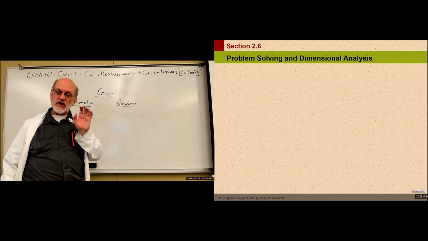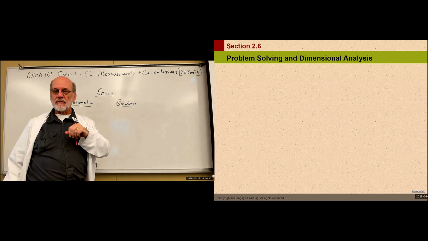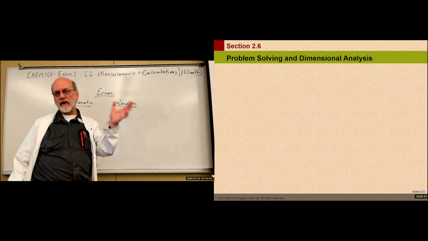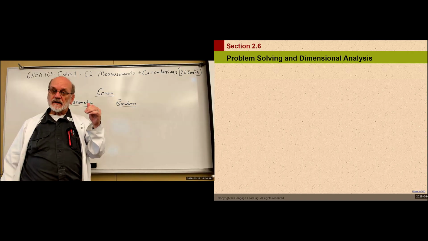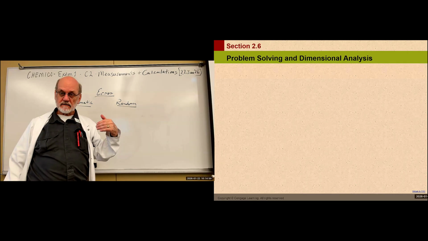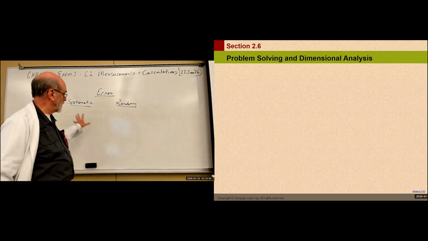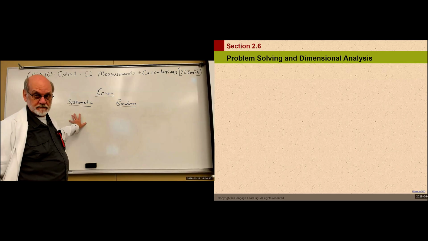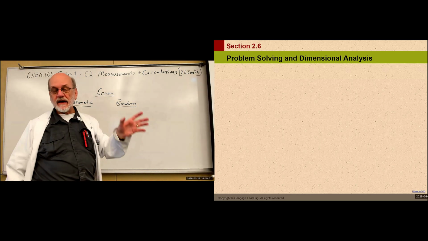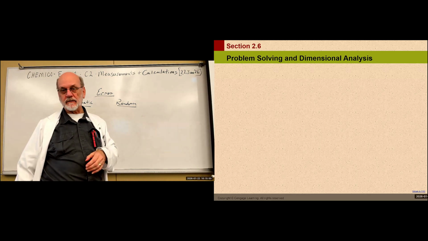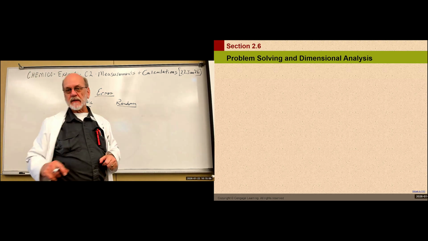If we know that our measurement is off by a factor of 0.01 whatever, then we know that the true measurement is actually minus that value. And we can account for a systematic error. Random error, we have no idea why the error is random. It could be anywhere.